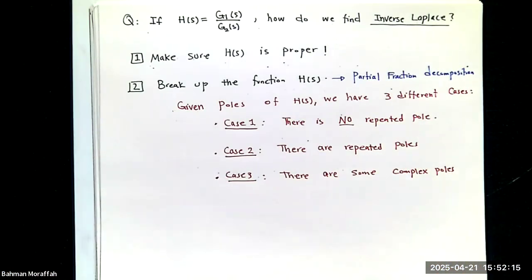Right? For a second, let's just assume we know how to do all these three cases. Then I basically decompose my h of s into functions that I know. Now I can find the inverse Laplace using the table.